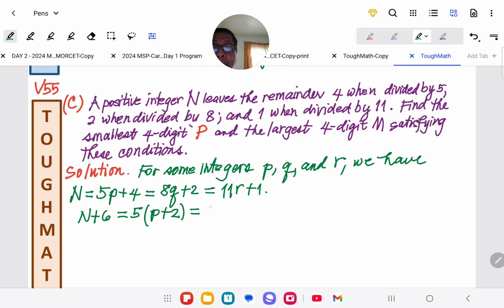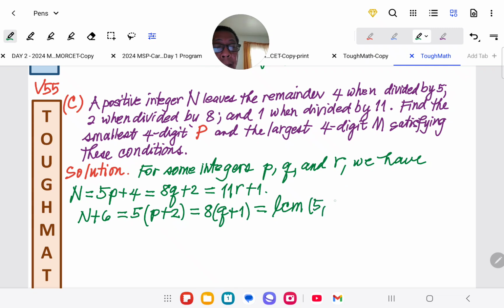And so therefore, this expression becomes 8 times q plus 1. Okay, and this is equal to the LCM of 5 and 8.